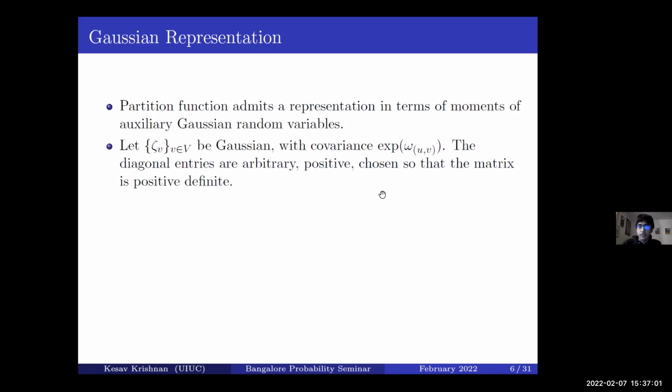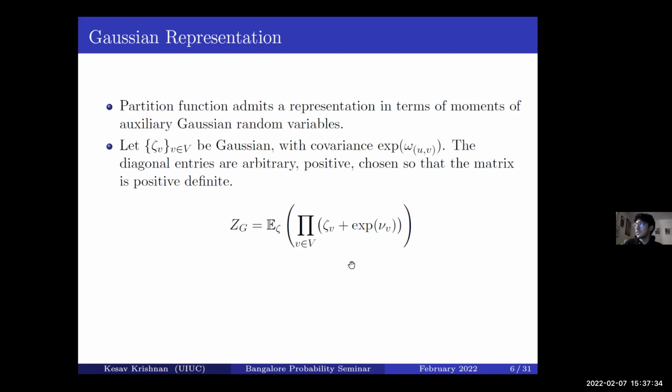So for every vertex V, you have zeta V, and the covariance is given by the weight contributed by the edge that connects U and V. The diagonal entries are chosen to be arbitrary, positive, and in a way that the matrix is positive definite. In other words, it will actually give you a valid covariance matrix. And you can express the partition function as this expectation of a polynomial.